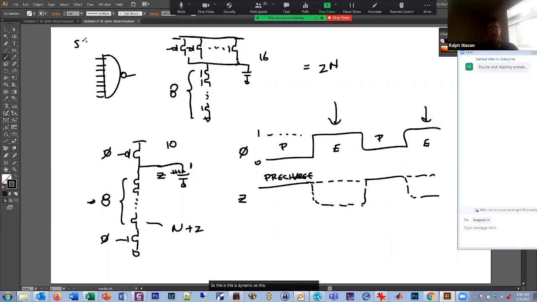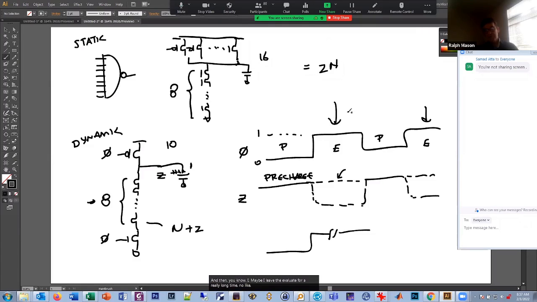So this is static CMOS here. And this is dynamic. And why is it called dynamic? It's called dynamic because when this stays high here, we're relying on the dynamic capabilities of storing this value on this capacitor. If I were to make this clock really slow, like say the pre-charge was like this, and then maybe I leave the evaluate for a really long time, like here it was 100 picoseconds, but let's say I make this like 10 seconds.